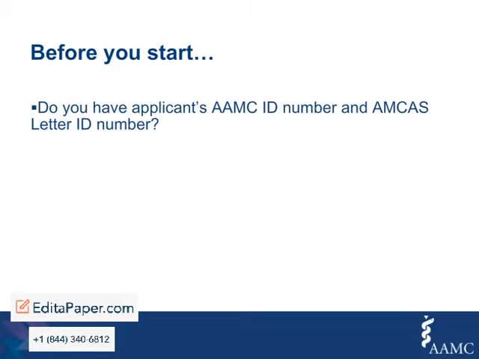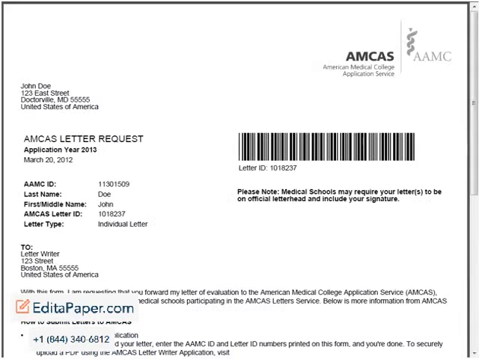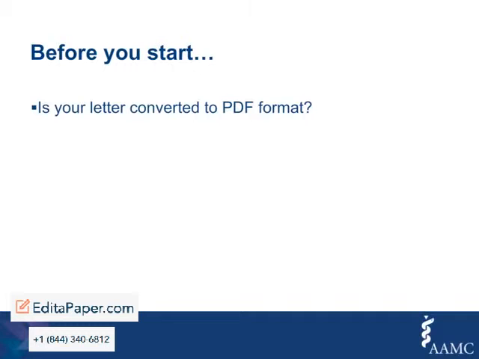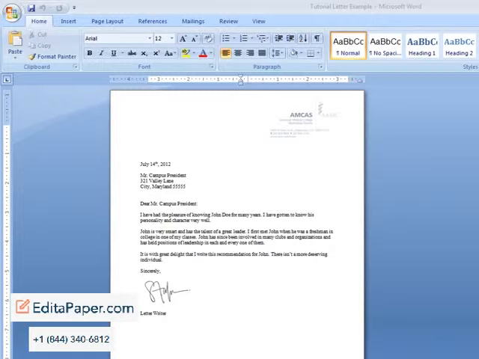Also, make sure that you have the applicant's AAMC ID number and the AMCAS letter ID number. Both of these numbers should have been provided to you by the applicant and are found on the AMCAS letter request form. The Letter Writer application only accepts PDFs. Be sure that you have converted your letter to a PDF before you try to upload it.